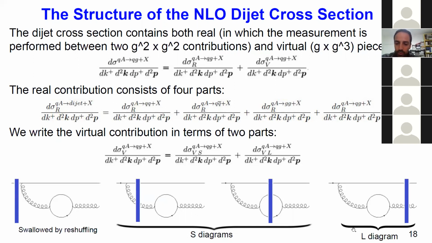And for these diagrams, we have to use DIMREG to tackle the divergences which are included in the integration over the parton in the loop. When we combine them together, we managed to get rid of the divergences.